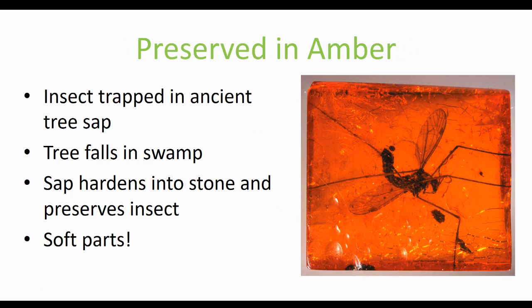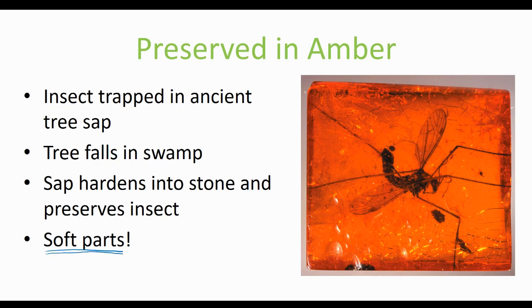We also can find original preservation in amber. For this to happen, an insect gets trapped in ancient tree sap. The tree then falls into a swamp. The sap hardens into stone and preserves the insect. This is a very cool method of preservation because we also get the soft parts of an organism, which are very, very special circumstances.